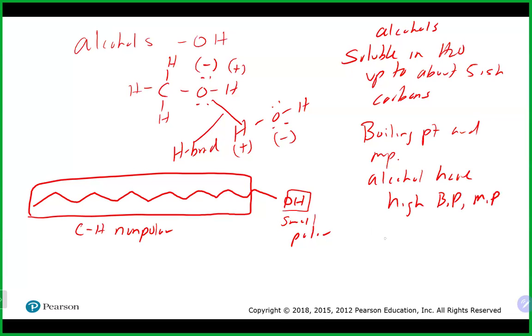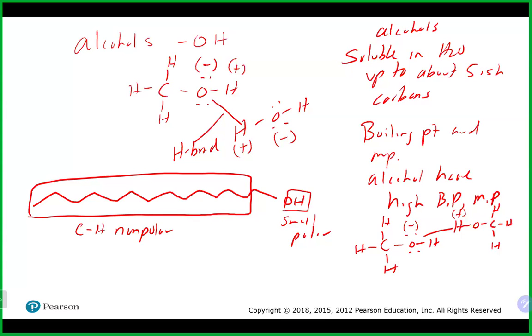So if you have something like methanol, it can hydrogen bond with another methanol, which is a pretty strong interaction, between the negative side of one and the positive side of another. Because of this, you typically find alcohols with higher boiling points and melting points than alkanes, alkenes, and alkynes, which are essentially just carbons and hydrogens and non-polar.